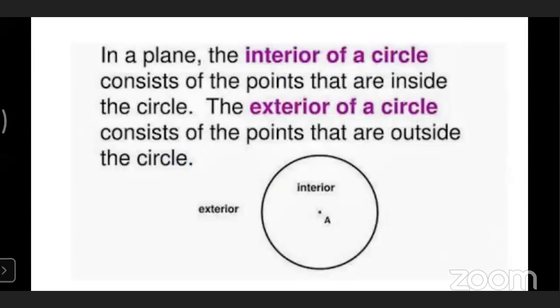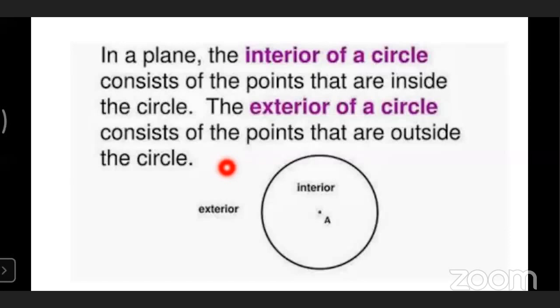Now see. In a plane, the interior of a circle consists of the points that are inside the circle. Just now we learned some of your friends were inside. The exterior of a circle consists of the points that are outside the circle.